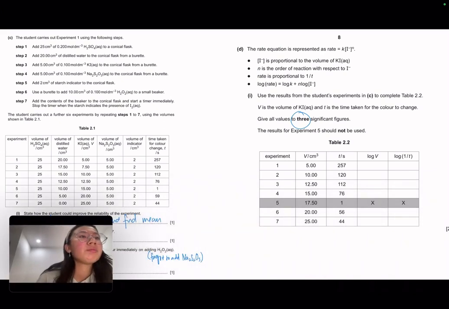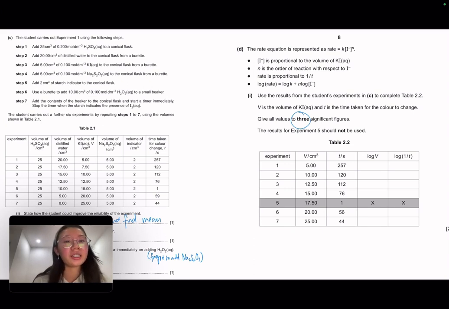Alright, okay. The rate equation is represented as rate = k[I⁻]ⁿ, where [I⁻] is proportional to the volume of KI, n is the order of reaction with respect to I⁻, and the rate is proportional to 1/t. Alright, log rate = log k + n log [I⁻]. So this one is likely the line equation.